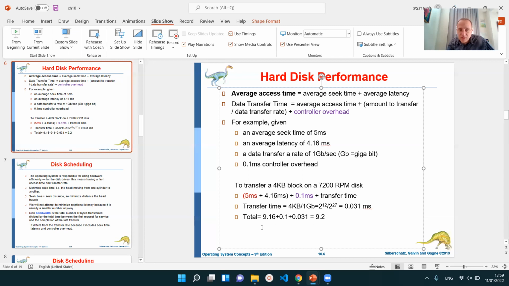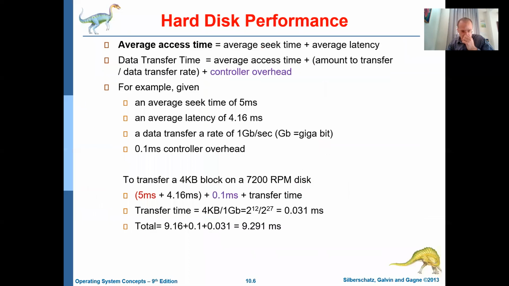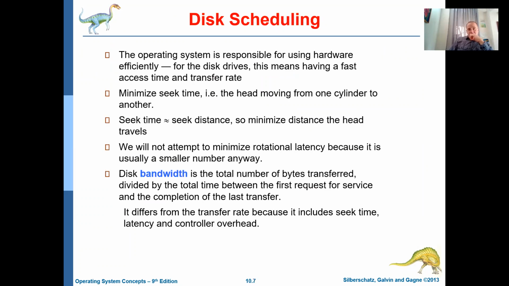Because I add the ones and the ones go together. And then I'd like to write a 6, but I got a 3 over here, so it's 6 and 3 is 9. And then the 1 milliseconds. Yeah? That would be the time to transfer 4 kilobytes on this disk.